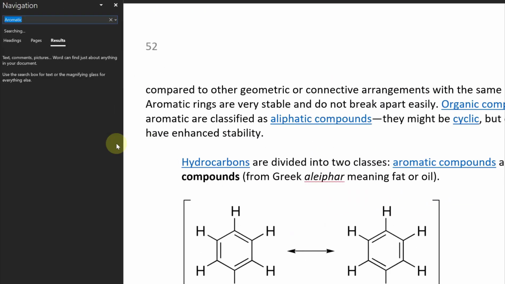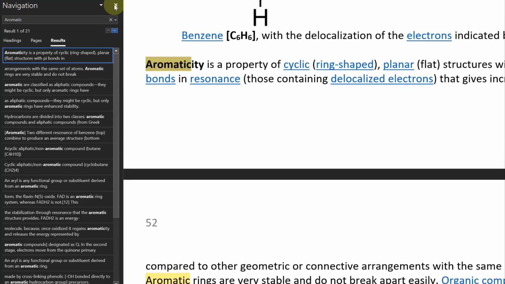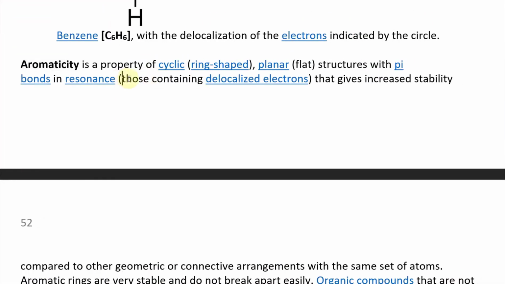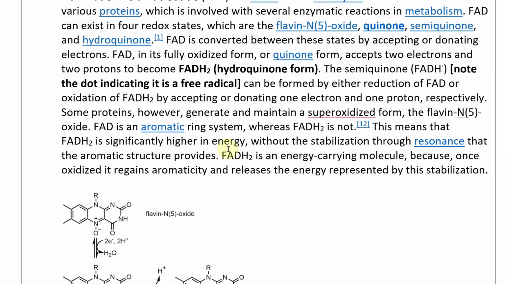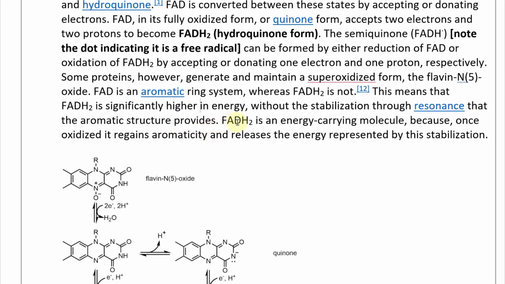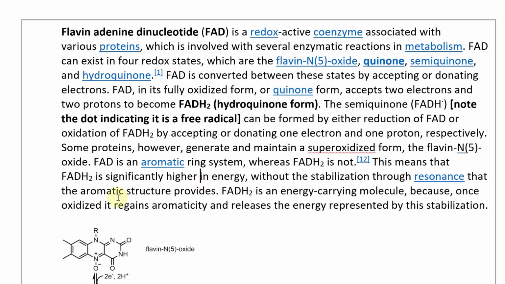So basically it's super strong and has resonance with the delocalized electrons that don't have to stick to one atom. All right, so let's go back here. FAD is an aromatic ring system, whereas FADH2 is not. This means that FADH2 is significantly higher in energy without the stabilization through resonance. And remember, this is the oxidized version, so it has... Actually, no, this one's not oxidized. This is the reduced version.